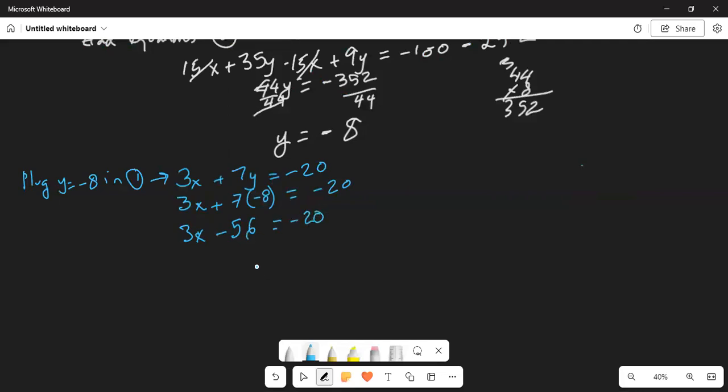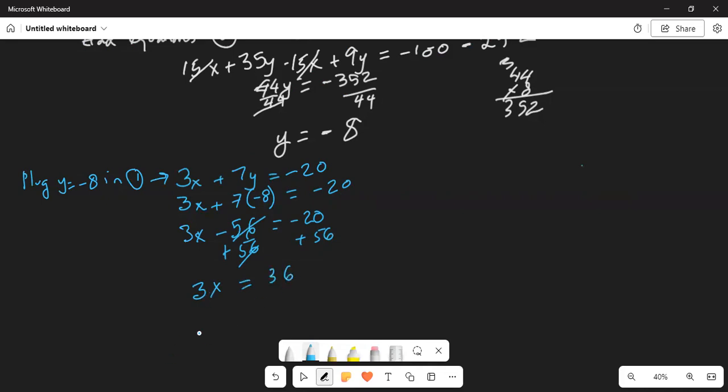Again, I want to separate the variables. 56 and 20 are constants, whereas 3x contains the term x, which is the unknown variable. So I have to remove 56 from the left-hand side. The way I do that is add 56 on both sides. So this 56 and this 56 cancel. So 3x equal to 56 minus 20, which is 36.